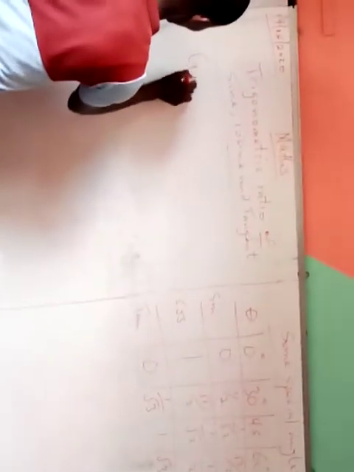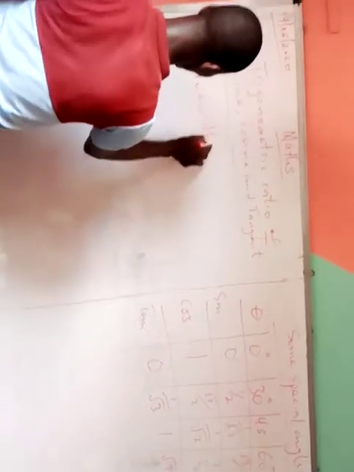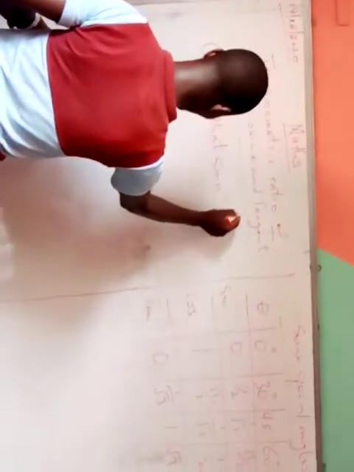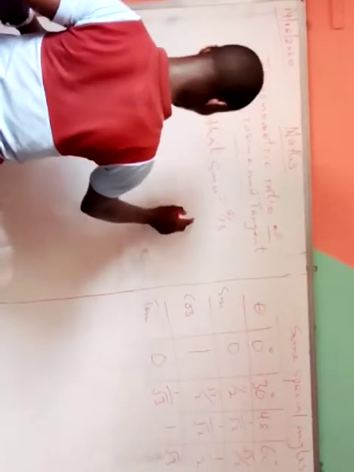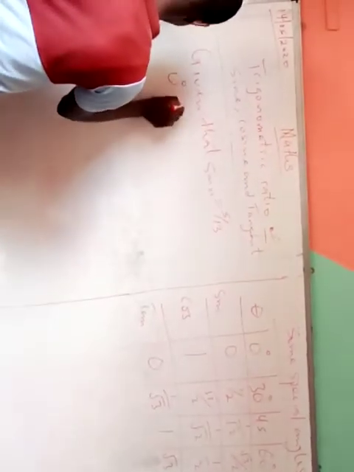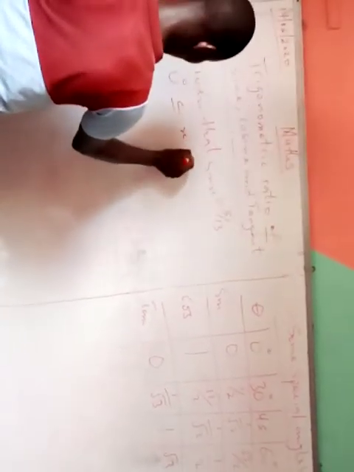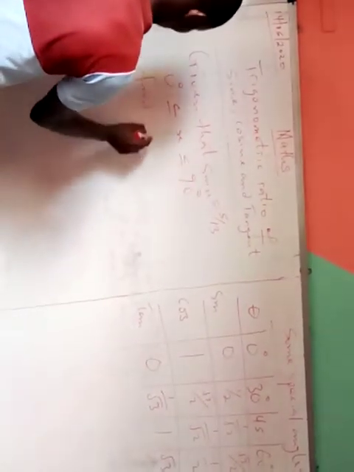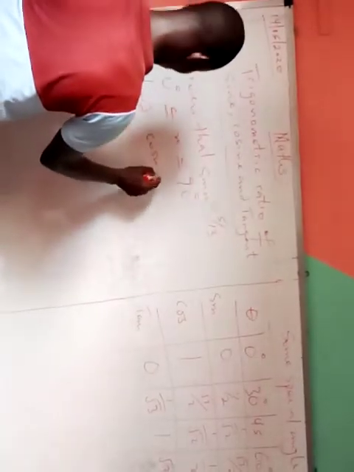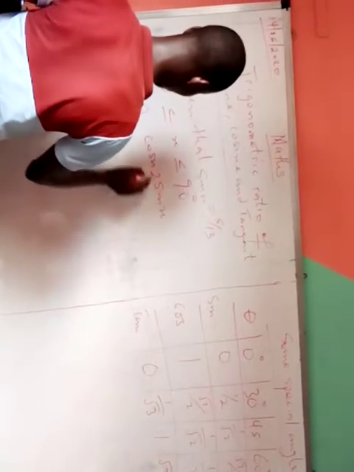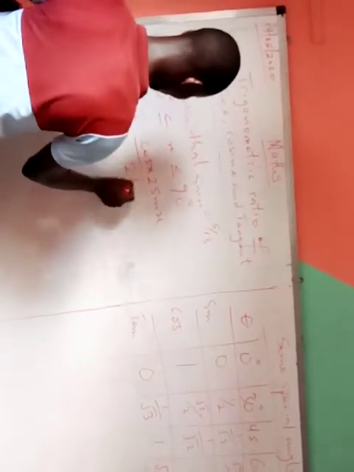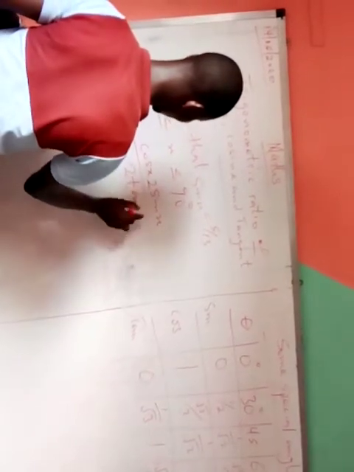Given that sine x is equal to 5/13, 0 degree less than or equal to x less than or equal to 90 degree, find cos x, 2 sine x over 2 tan x.